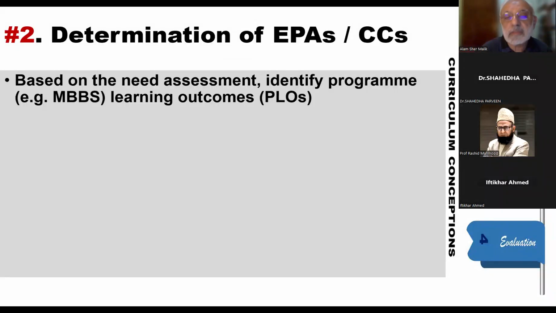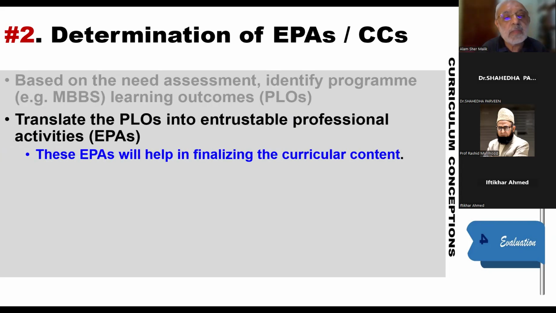So the need assessment would guide us to identify the learning outcomes. Then we need to translate these program learning outcomes into the professional activities, or entrustable professional activities, and these EPAs will help in finalizing the curricular content.